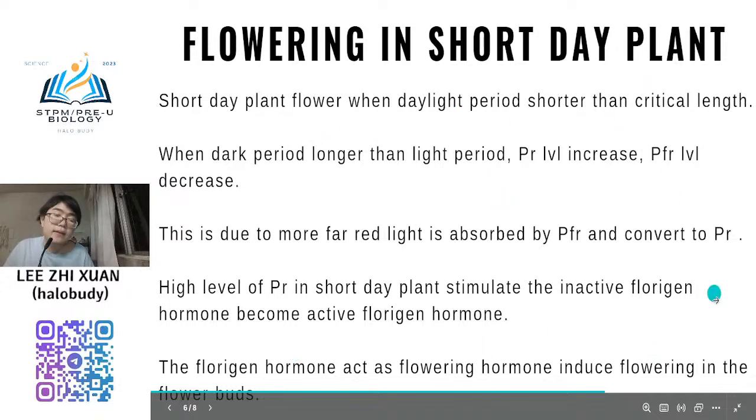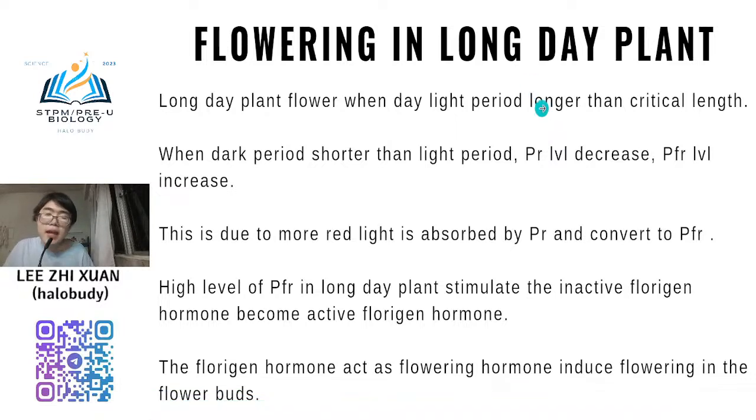Okay, so the florigen hormone acts as a flowering hormone to induce flowering in short day plant. In long day plant, I already mentioned it only flowers when the light period is longer than the critical length. Another meaning is that your dark period is shorter than the light period, meaning that your PR level is decreased, right? Because your sunny daylight contains a high amount of red light. So all the PR will absorb the red light and convert to become PFR.